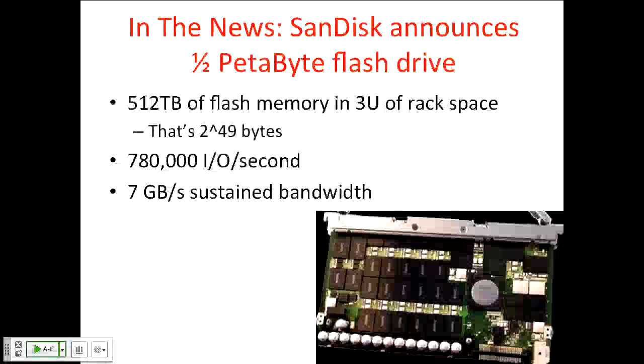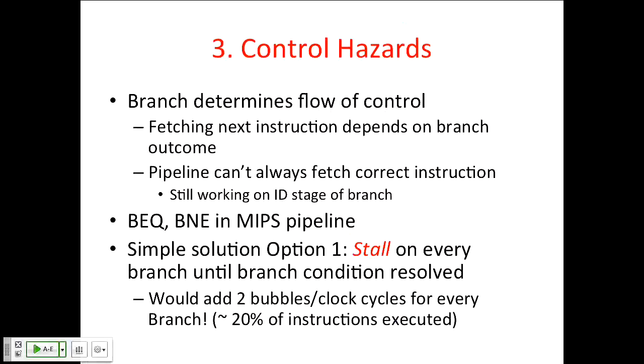So 512 terabytes in 3U. I don't know how much it costs. I think if you have to ask, you can't afford it. So nearly 1 million IOs per second out of this thing. So quite incredible. But yeah, so this is solid-state memory. The flash is denser than disk drives. Right. Okay. All right.